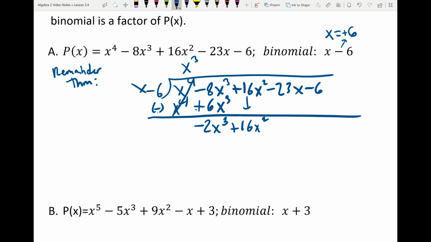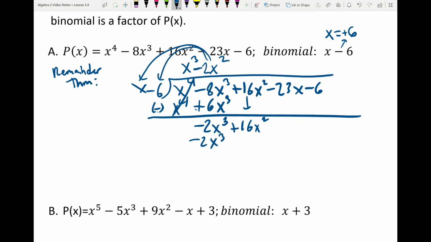All right, so how many times does x go into negative 2x cubed? Well, we're missing 2 x's, right? And it's negative, because this is going to be a negative number here. And then we're missing a negative 2. So there you go. So we got negative 2x squared. Then you multiply negative 2x squared times x is negative 2x cubed.